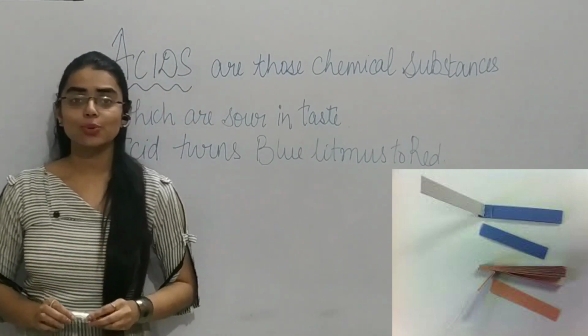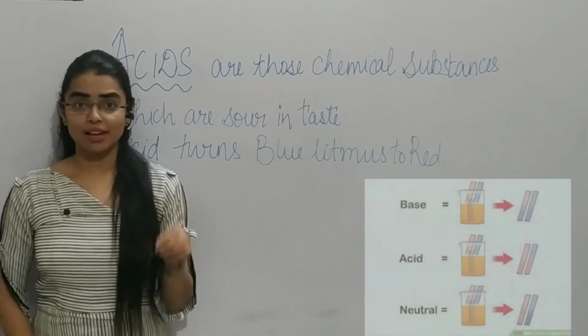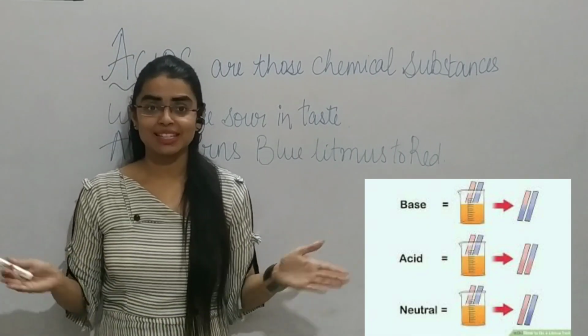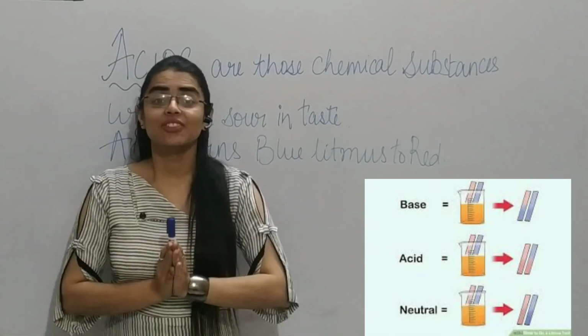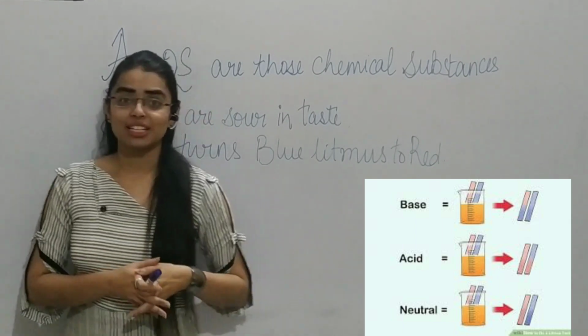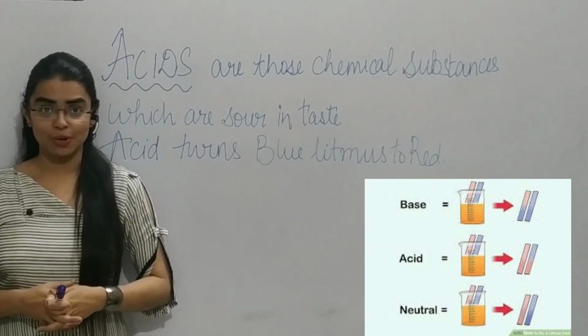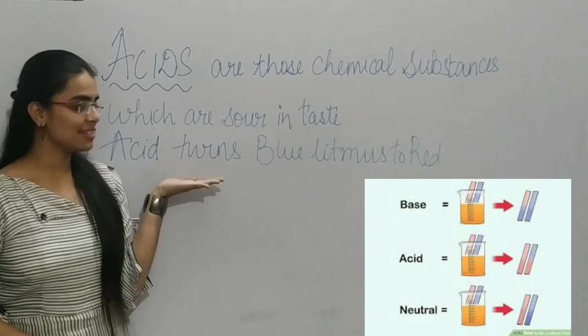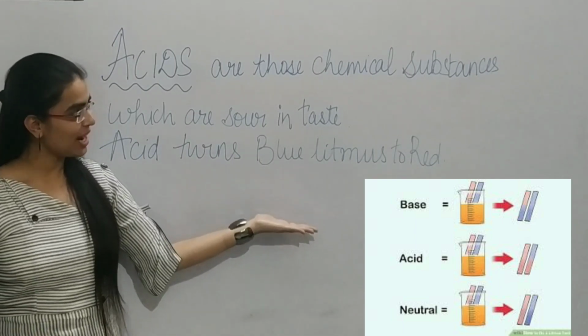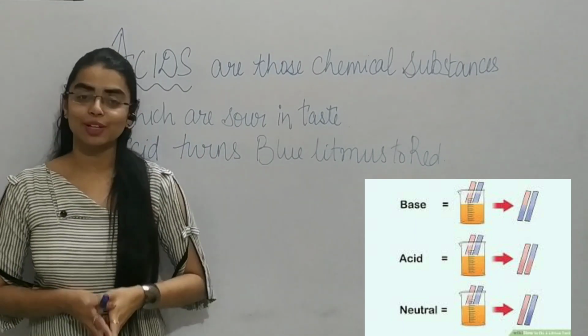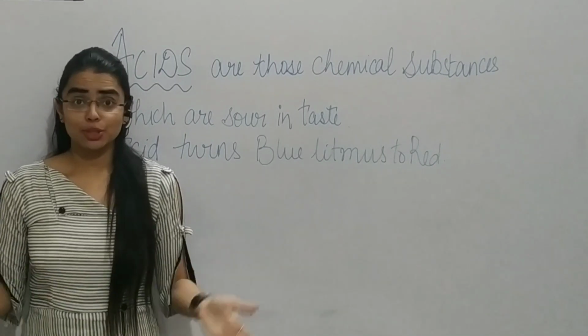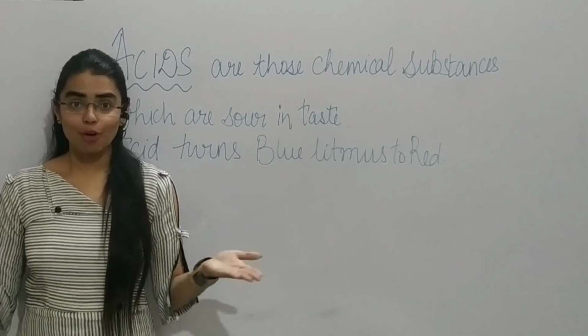When you dip it into a solution, the litmus color changes from blue to red. Hence, it proves that it is an acid. So I can define acid in another way: acid turns blue litmus to red when we dip it into a solution.